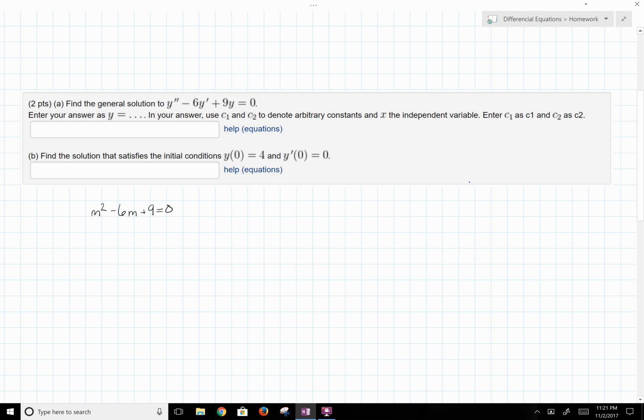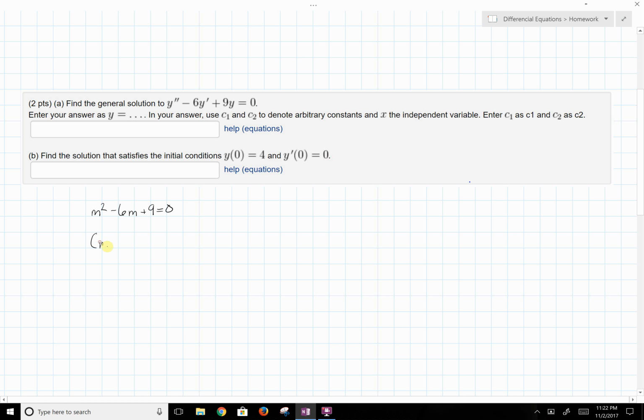So now we're going to find the two numbers whose product is C and the sum is B, and we're not going to use the quadratic formula in this situation. So we know that negative 3 times negative 3 equals 9, and if you add the two, it equals negative 6.